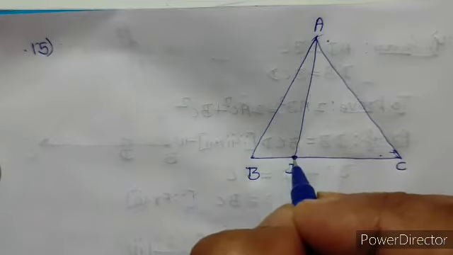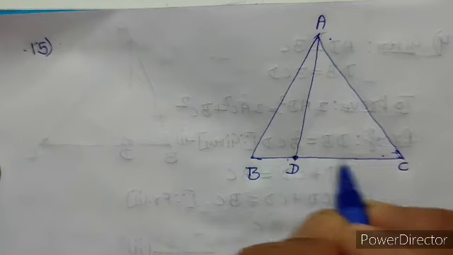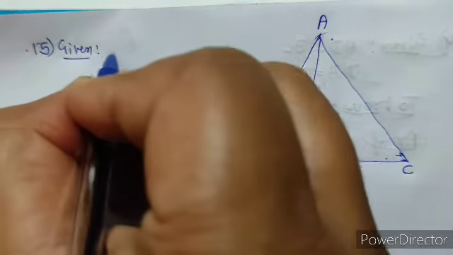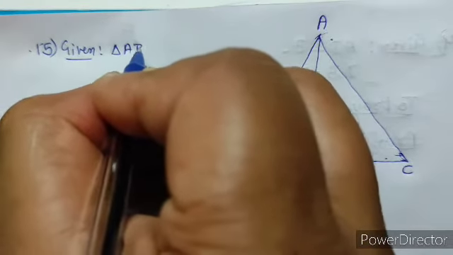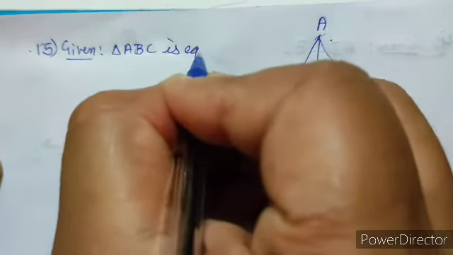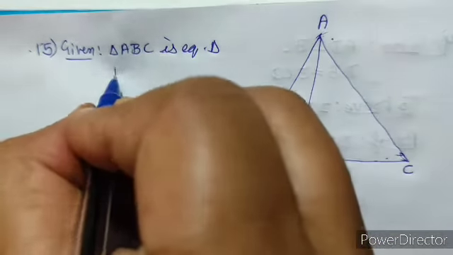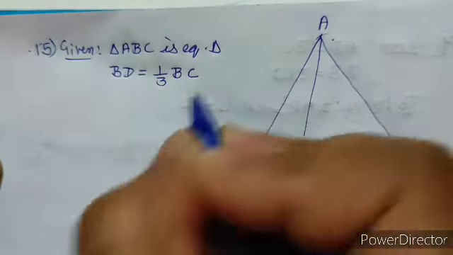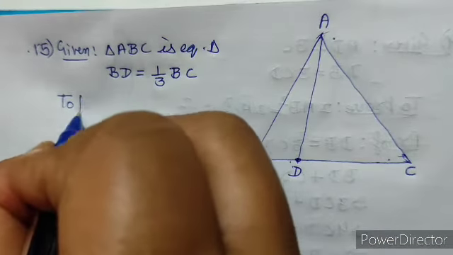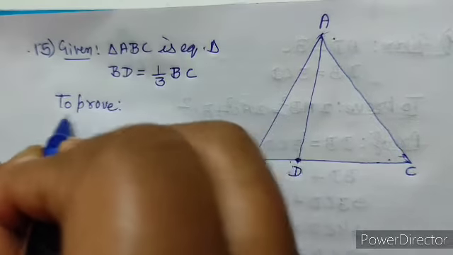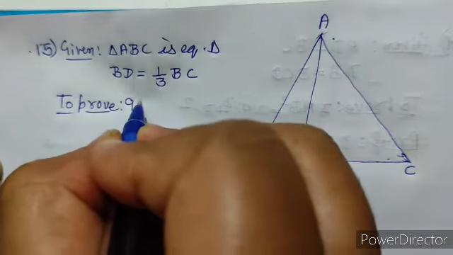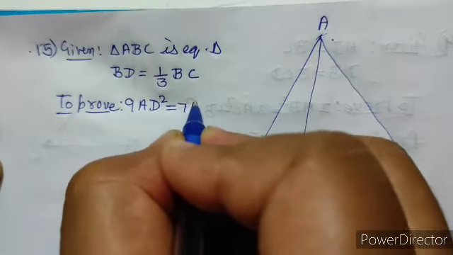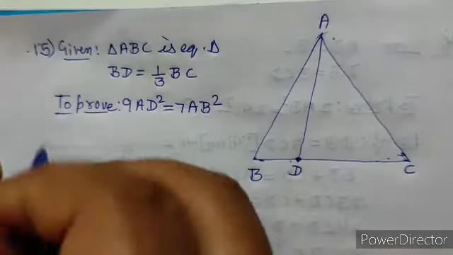It is given to us that triangle ABC is an equilateral triangle and BD is equal to 1 by 3 of BC. Now we have to prove that 9AD square is equal to 7AB square.